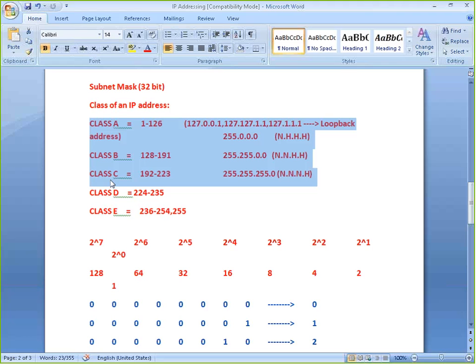So these are the 5 classes of addresses that we can have. Out of the 5 classes, class A, B, and C are used commercially. We have class D that is used for multicast, and we have class E that is reserved for research and military purposes. Are we clear about the various classes of the addresses now?